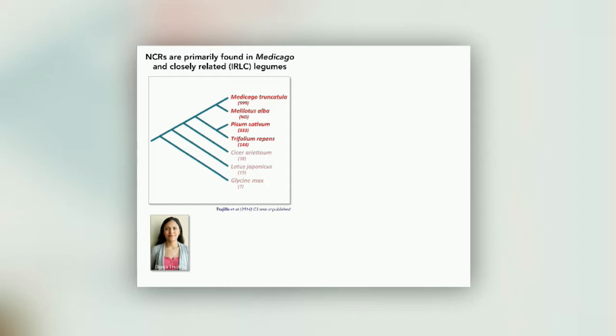But I should say that in August of this year, 2 months ago, it was discovered that another taxon within the legumes that is not in the same branch as Medicago, called the Dalbergieae, also has these same NCRs. So it appears to be an example of these defensin-like molecules being co-opted for use in nodules by multiple legume lineages.